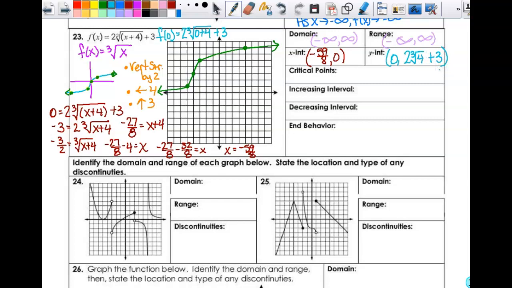My critical points, I have a point of inflection right here, at negative 4, 3.